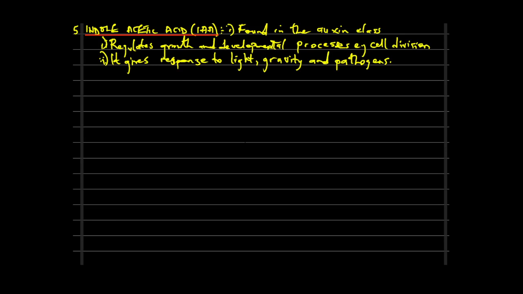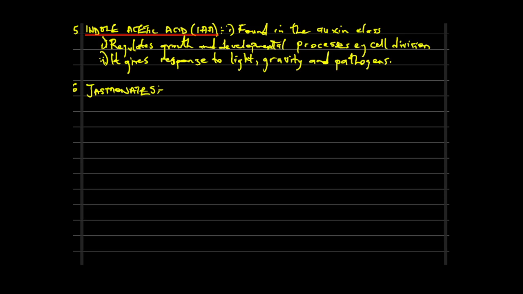So we'll be moving on to the next one now, which is going to be jasmonate or jasmonic acid. Number 6, we'll be having jasmonate. It is also called jasmonic acid.